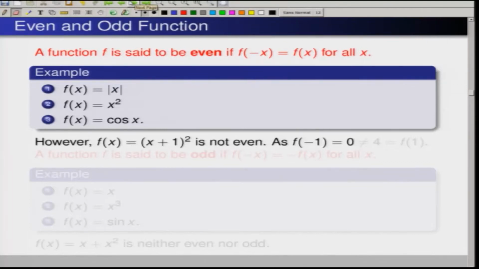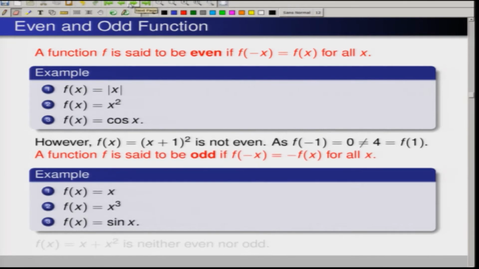But f of x equal to x plus 1 whole square is not an even function, because if you take x equal to minus 1, then f of minus 1 is going to be 0. Now, if you take f of 1, this is 1 plus 1 square, that is 4, which is not equal to 0. Therefore, f is not an even function.